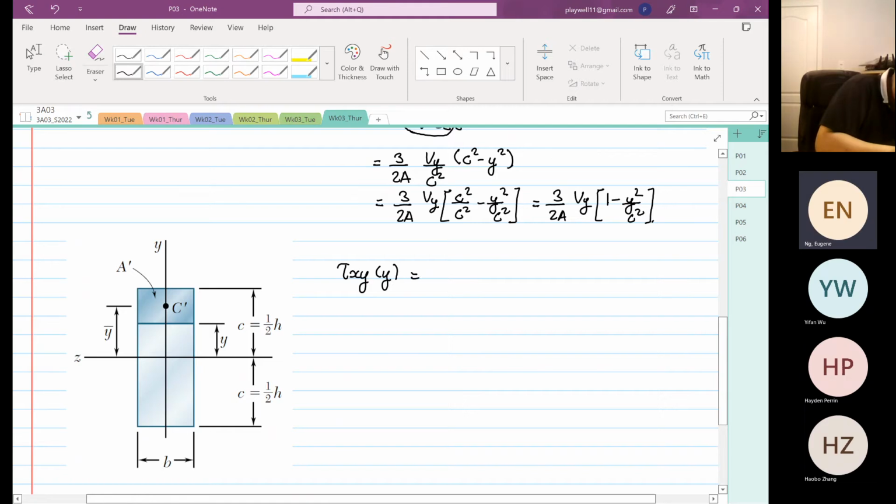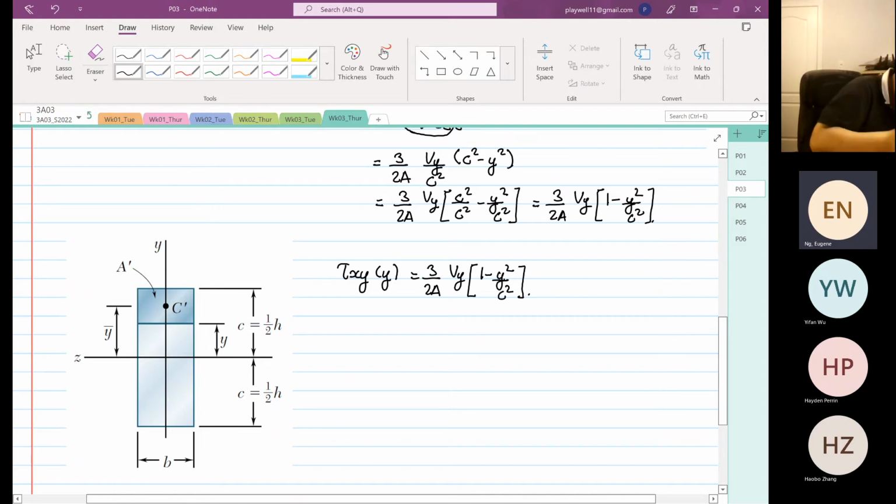So this is equal to 3/2A Vy, 1 minus y squared over C squared, right?